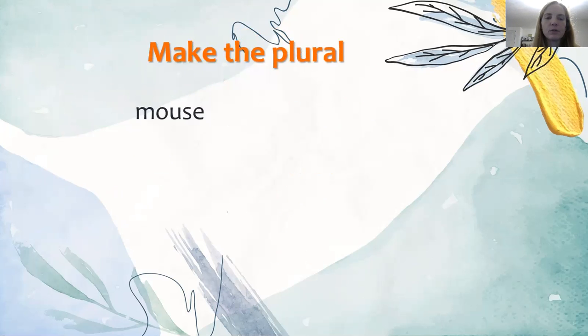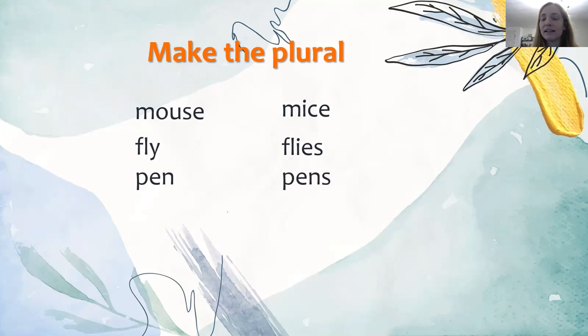So make the plural mouse. Remember, it's mice. Fly is what? Flies. Pen, it ends in a consonant. It's pens. Flash ends in an SH.